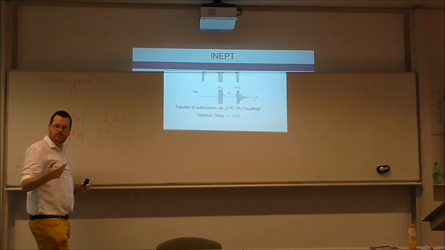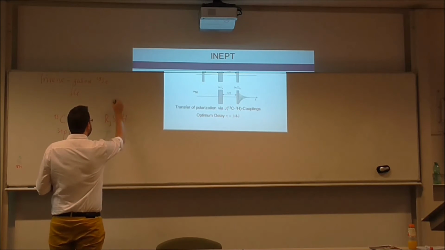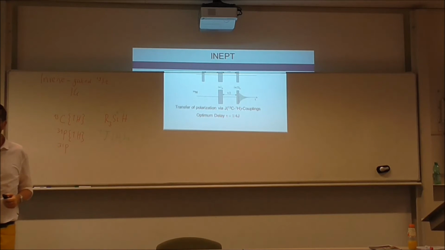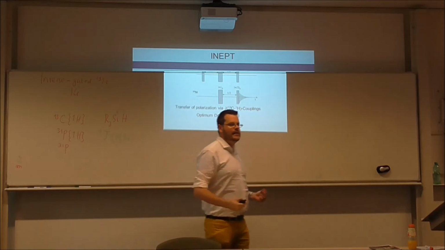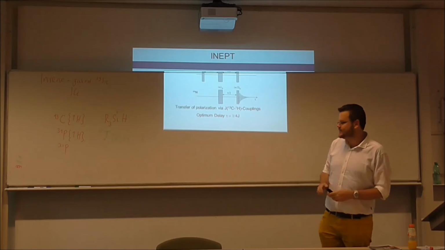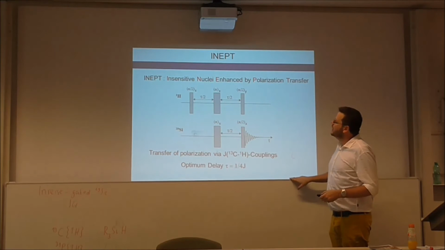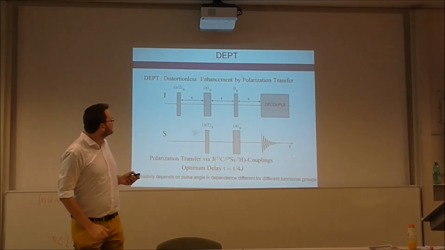I input that into the program, and by using this polarization transfer, it boosts the signal of this nucleus, which is very low in natural abundance. And you can apply INEPT to a range of other nuclei as well, but particularly we use it with silicon.